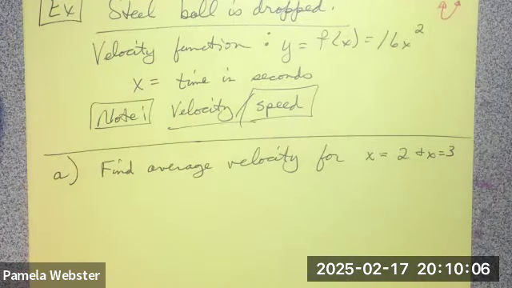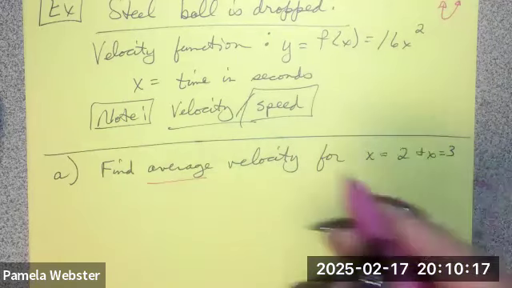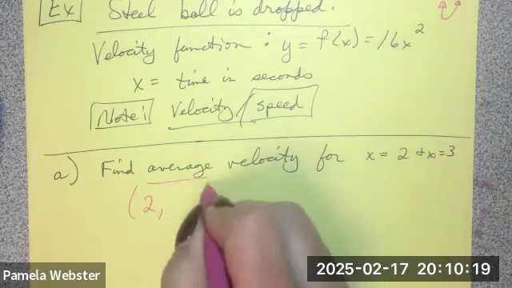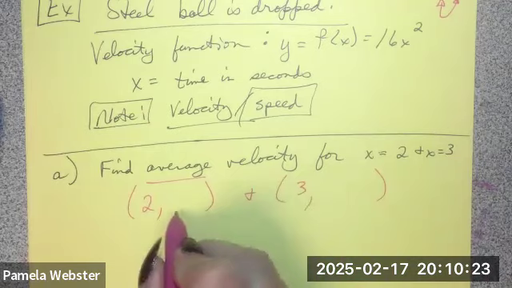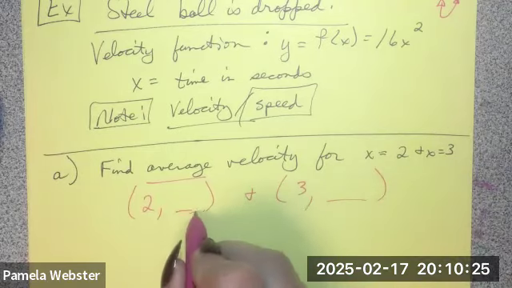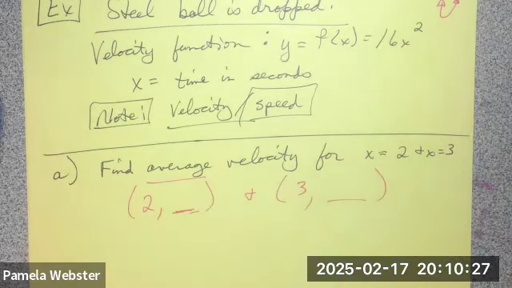So the average velocity between x equals 2 and x equals 3. All right. So average, that's two different ones, right? 2 points. I've got two x values. I'm going to find 2 points, 2 comma and 3 comma, figure out what these y values are, and then we will deal with our AROC.